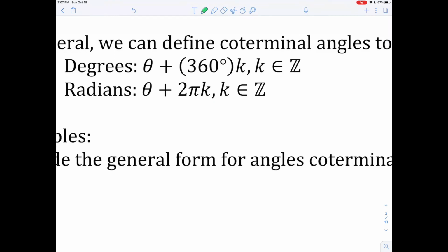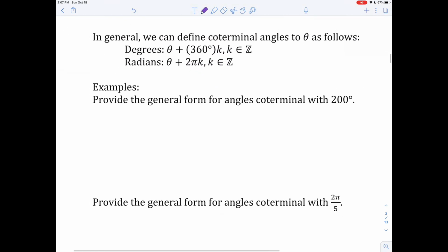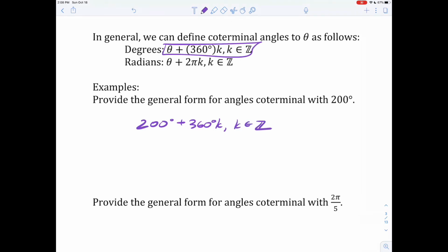So, in proceeding with that, we want the general form of angles coterminal with 200 degrees. Well, that's in degrees, so we're going to use this form. So 200 degrees plus 360 degrees times k, where k is an integer.